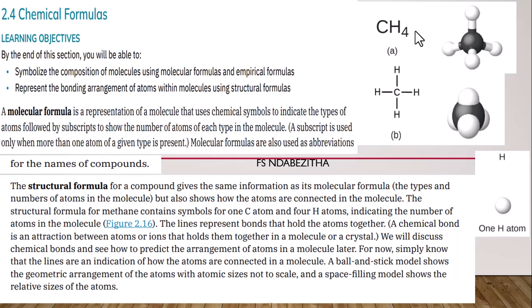We know it's a molecular formula, and we are representing it in a structural formula, and it shows exactly the same thing. You have one carbon at the center, and then you have these 4 hydrogen atoms bonded in a fixed ratio. The ball and stick model, we call that.